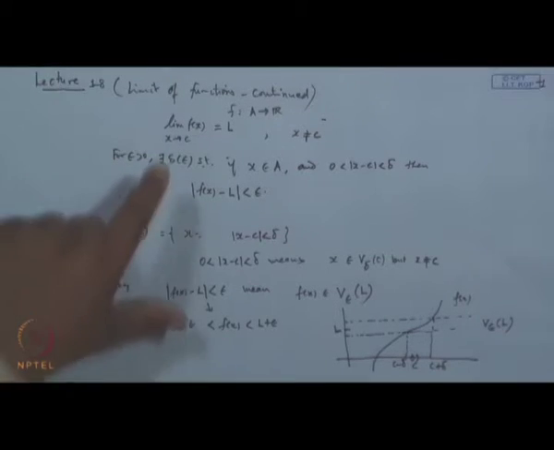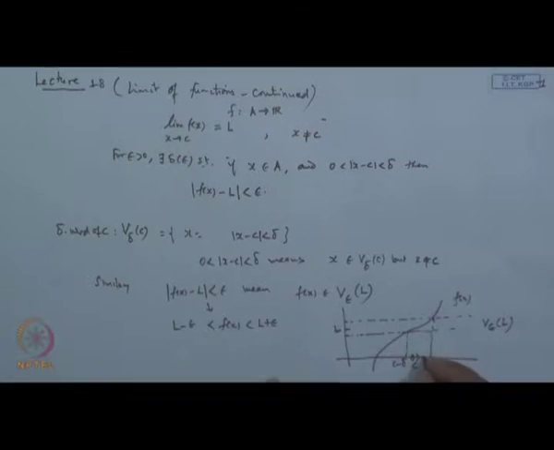Then what this limit says is, for any arbitrary point x which lies in this interval and is different from c, the corresponding image f(x) will always fall within this neighborhood. Okay. Then we say the limit of the function f(x) exists.